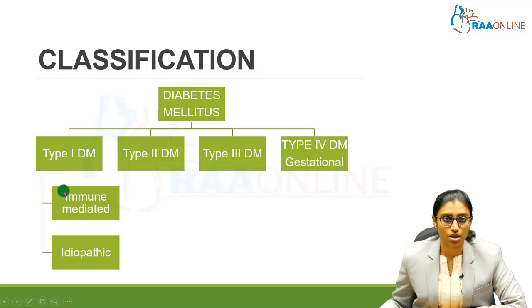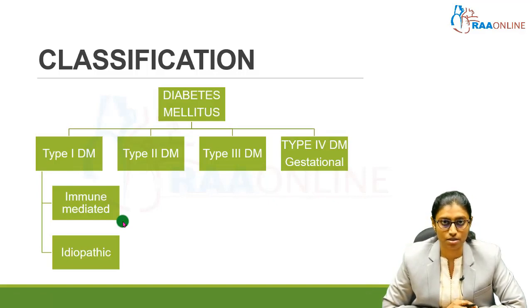So type 1, we have type 1A and type 1B. Type 1A is immune mediated. This type 1 diabetes is what we previously used to call insulin dependent diabetes mellitus. That is, in people who had a deficiency of insulin, we used to label them as type 1 diabetes mellitus. So the etiology we used to say is autoimmune.